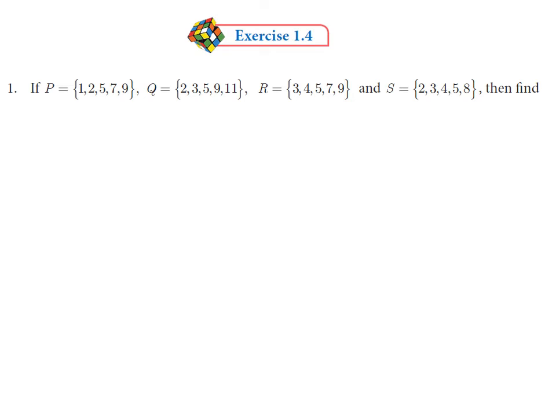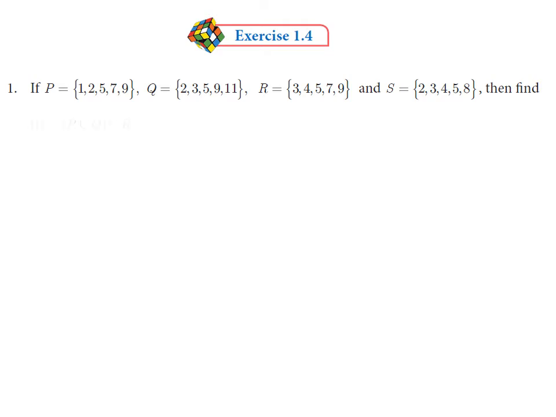So now let us see exercise 1.4. In the first problem, P is equal to {1, 2, 5, 7, 9}, Q is equal to {2, 3, 5, 9, 11}, R is equal to {3, 4, 5, 7, 9} and S is equal to {2, 3, 4, 5, 8}. They have given 4 sets.